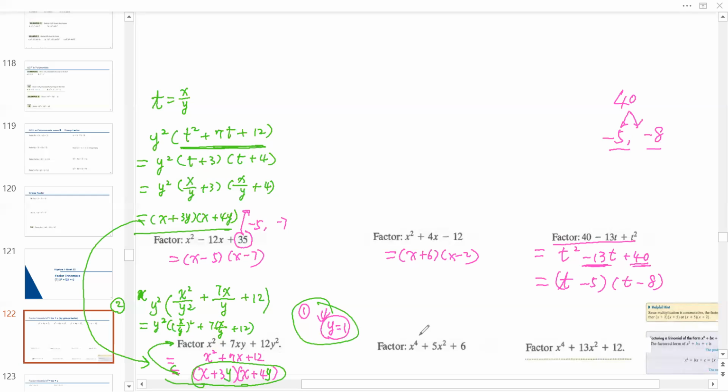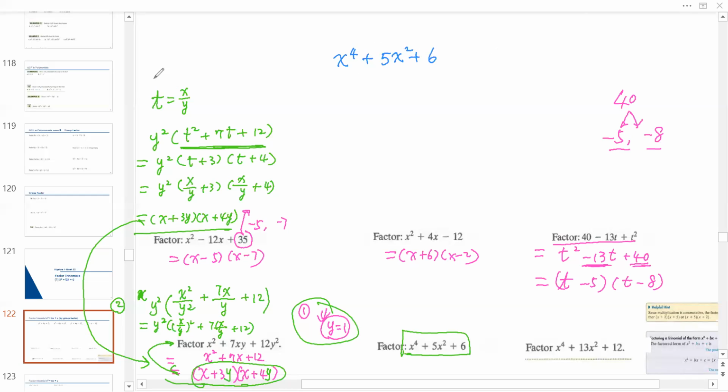All right, let's see another example, this one. Let me copy here. X power 4 plus 5x squared plus 6. So you can see here, this is way much higher. This is not x squared plus 5x plus 6.